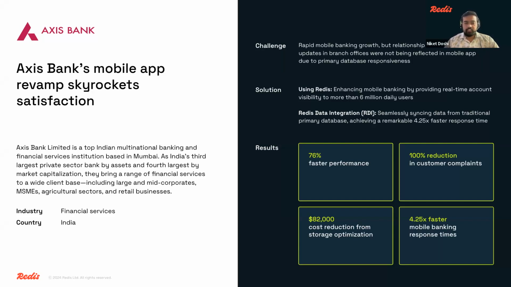So the challenge which the bank was going through was majorly related to the digitalization of banking. In India, the digital India journey is going on at a very high scale, and that's how customers started using mobile banking, and the digital challenge was very huge in nature.